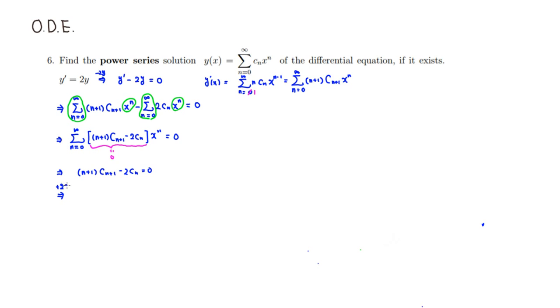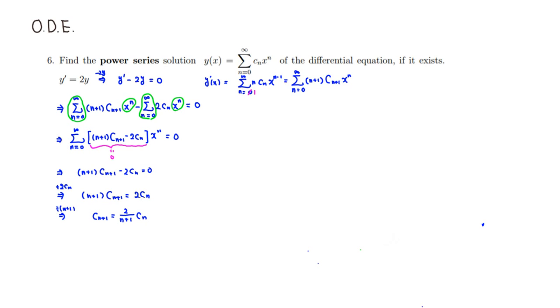Add 2cn to both sides, you get n plus 1 times cn plus 1 is equal to 2 times cn. Then I'm going to divide through by n plus 1. So cn plus 1 is equal to 2 over n plus 1 times cn. Alright, so we have a recursive formula for cn.